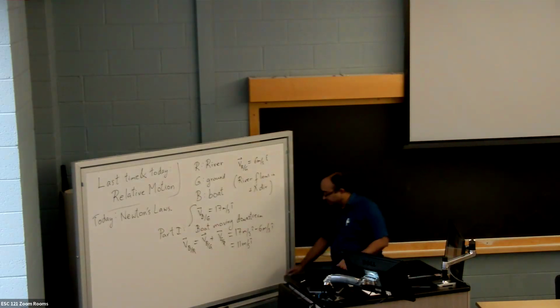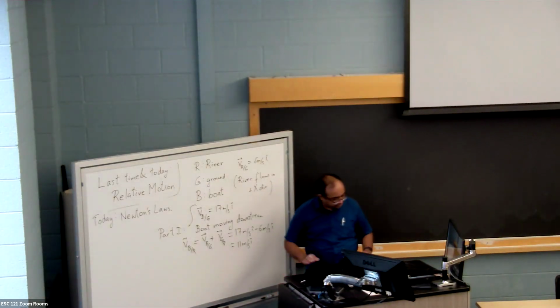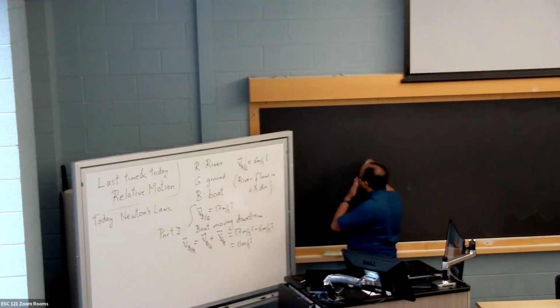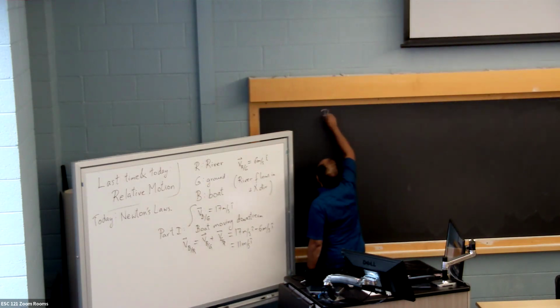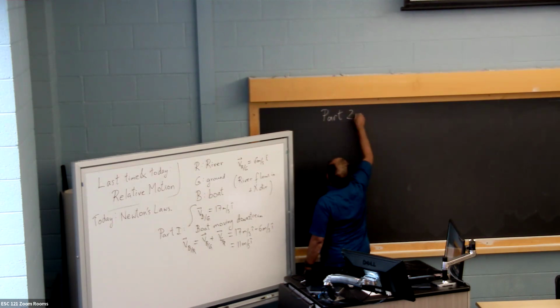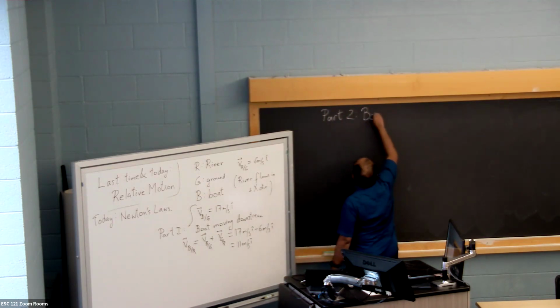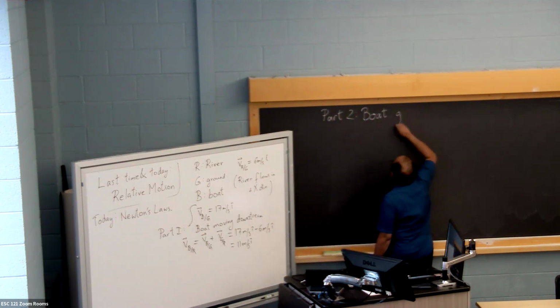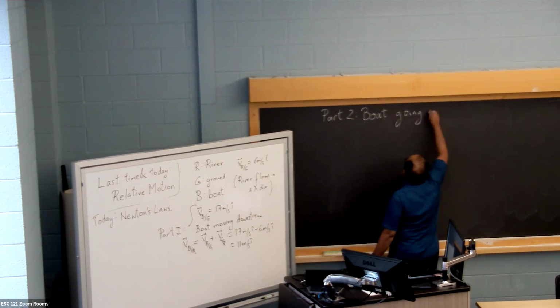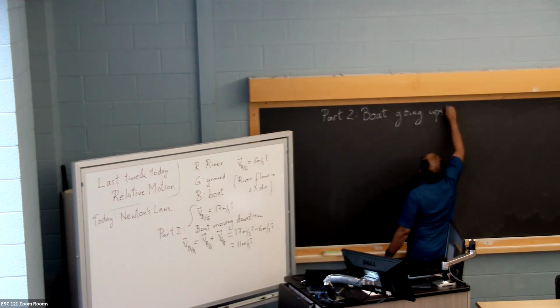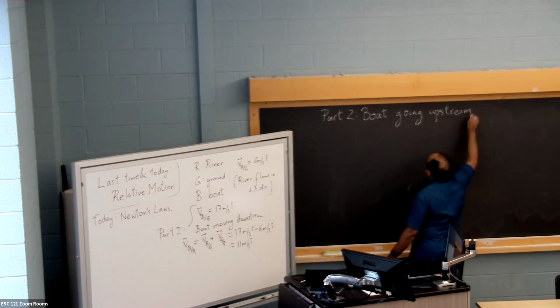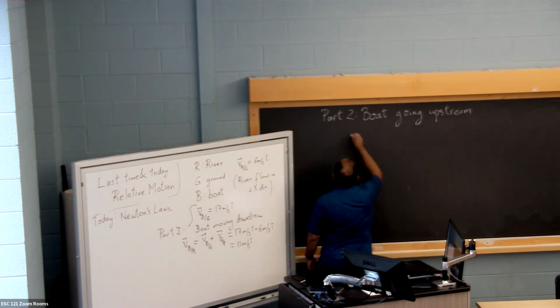So now we'll continue on to part 2 of the question. It said now the boat turns and goes upstream. And so the velocity of the river with respect to the ground, that hasn't changed.